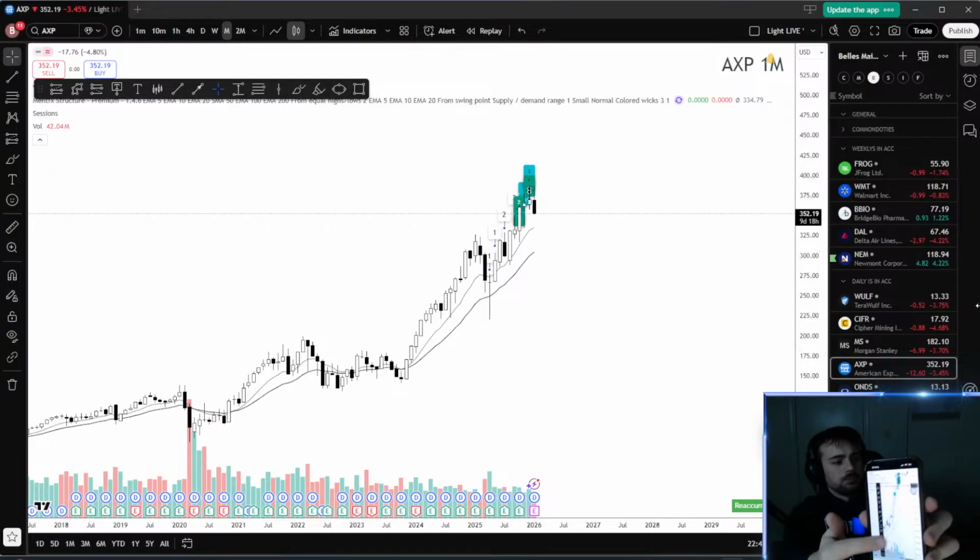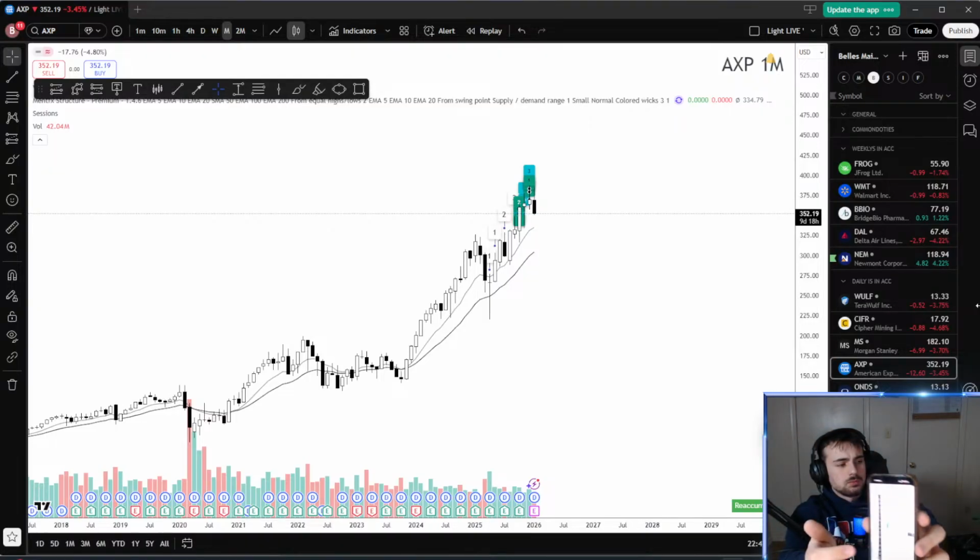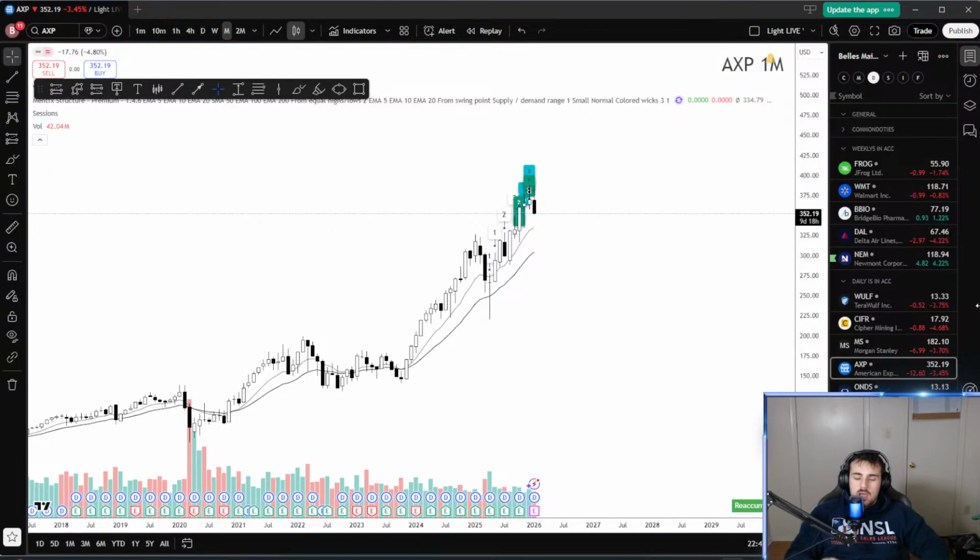Everything I can do on my computer right now, I can also do on my phone. So yeah, TradingView. I'll type it in chat here so you can see it. That's the one you'll want to use.